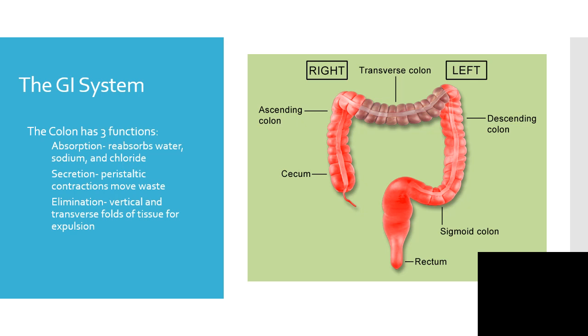The colon has 3 functions: absorption, it reabsorbs water, sodium, and chloride; secretion, peristaltic contractions move waste down through the colon; and then elimination is vertical and transverse folds of tissue for expulsion through the rectum.